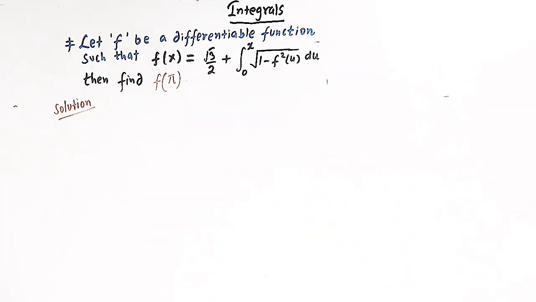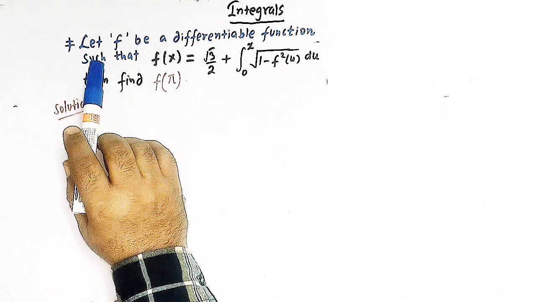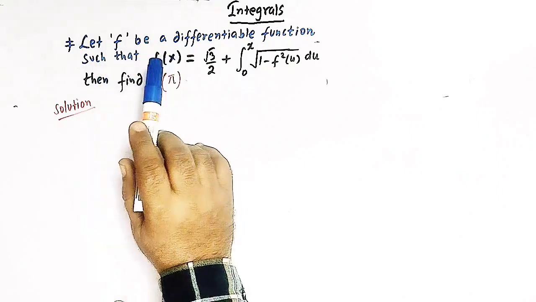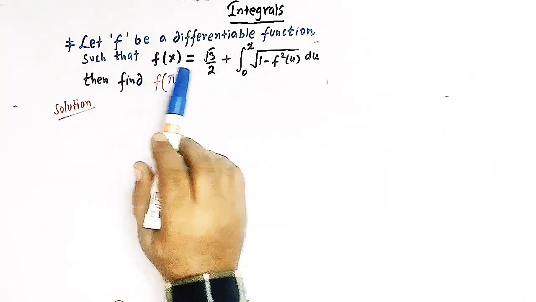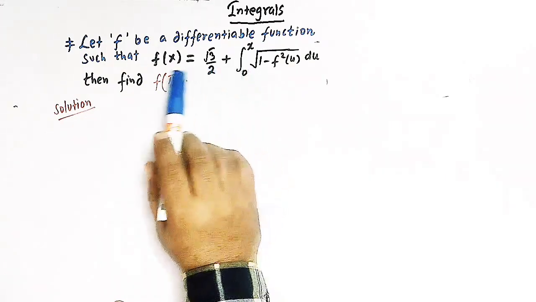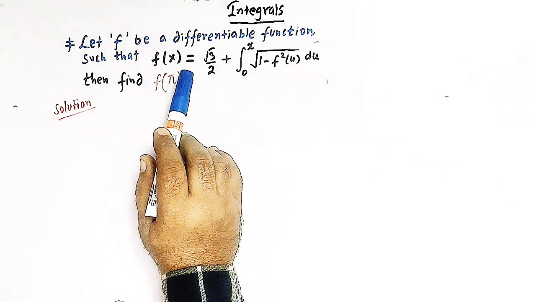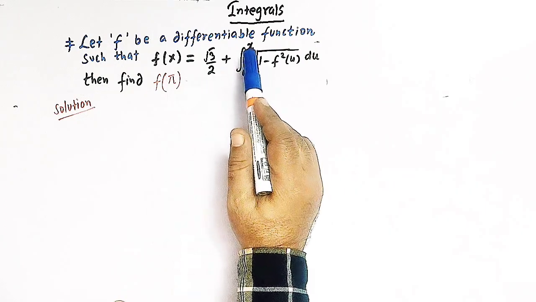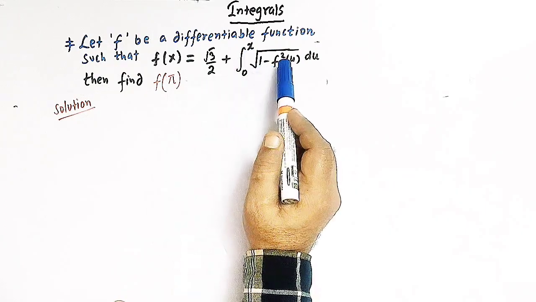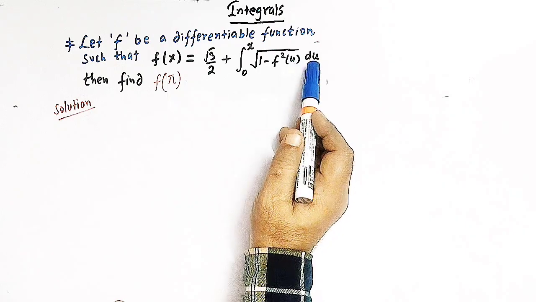Hello viewers, in today's session we are going to discuss another important and very conceptual problem from definite integrals. In this session we'll solve this problem where we are given a function f, which is a differentiable function, and this function f of x satisfies this relation, that is f of x is equal to square root of 3 over 2 plus integral 0 to x square root of 1 minus f square u du, right?